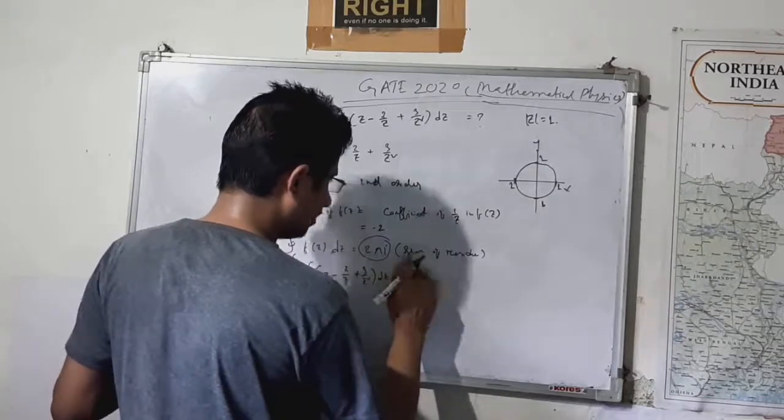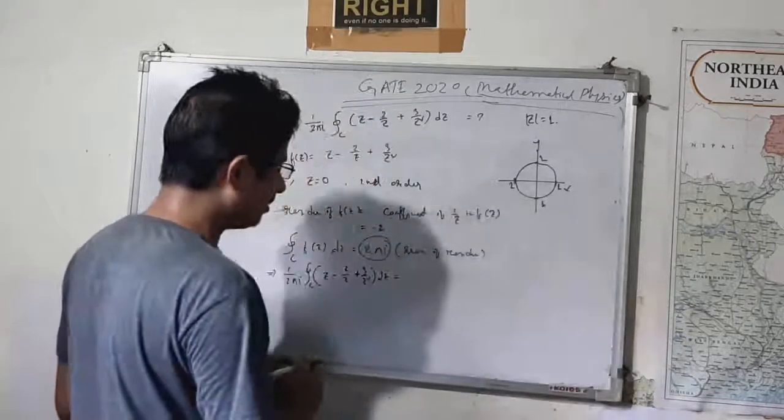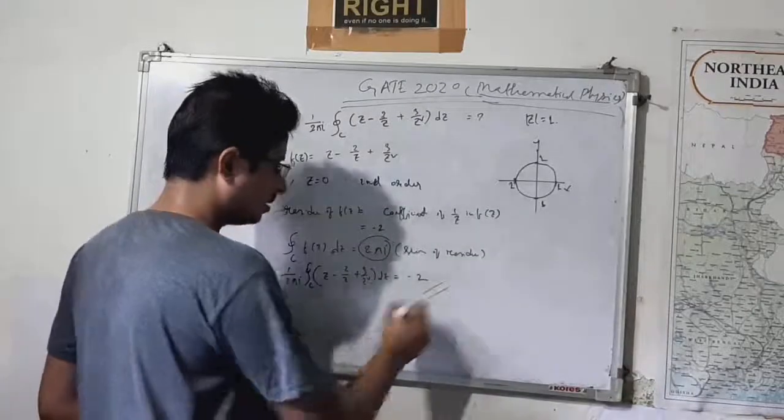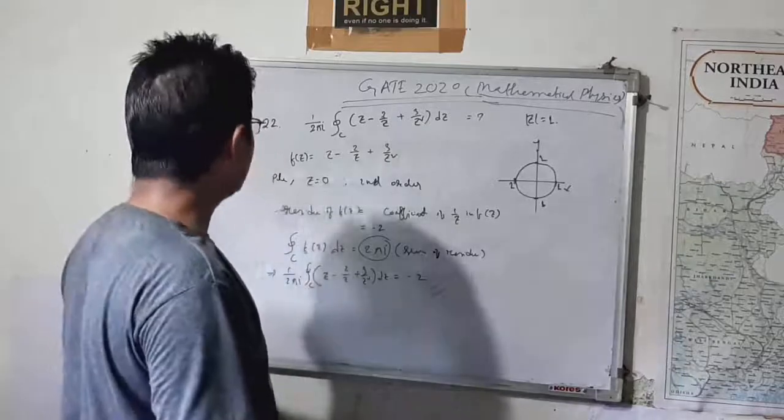Here only one residue is present, and its value is minus 2. So the answer is minus 2.